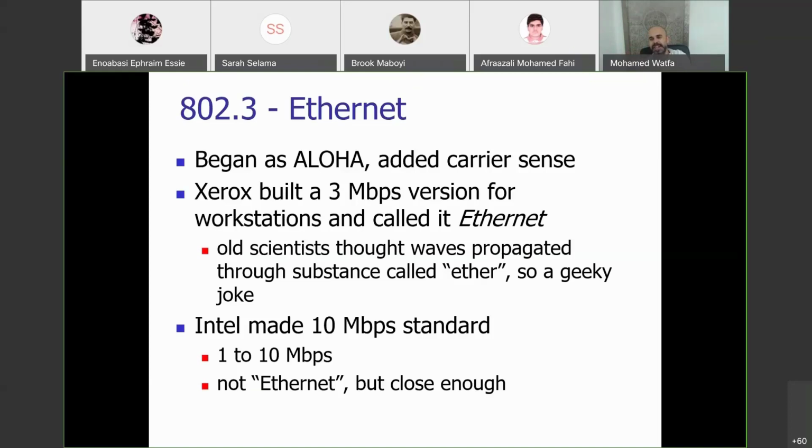People thought ether is a substance that allows waves to propagate, therefore they called it Ethernet. It started at 3 megabit per second, then went to 10 mega, then went to giga.